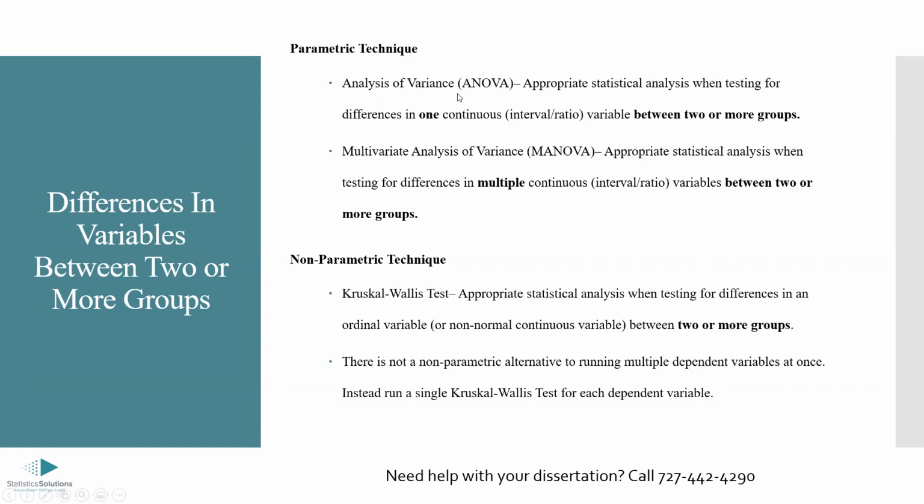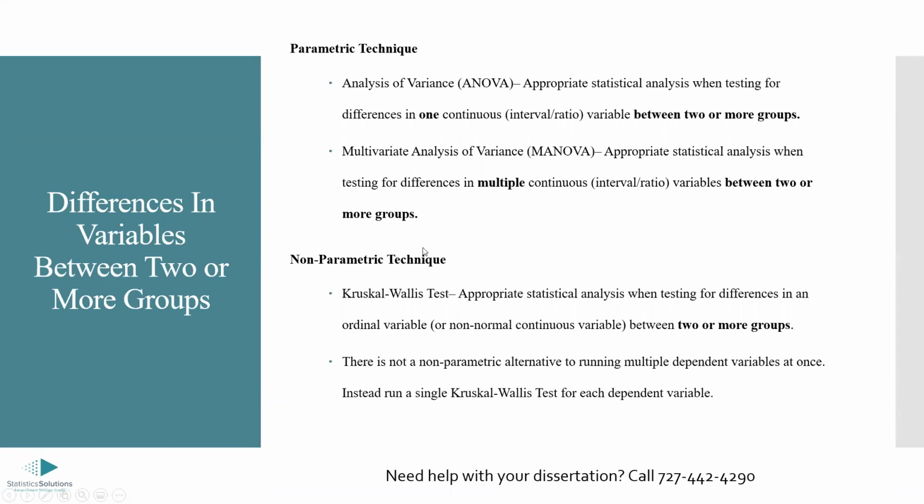So an ANOVA stands for an analysis of variance, and it's used when you're testing for differences in one continuous variable between two or more groups. A MANOVA is testing for differences in multiple continuous variables between two or more groups.